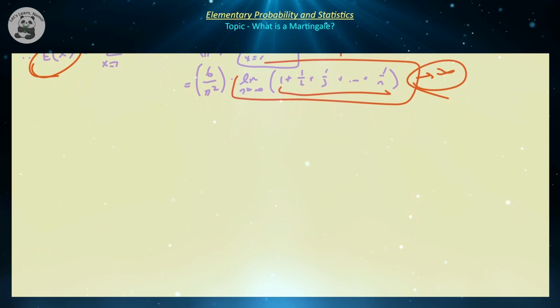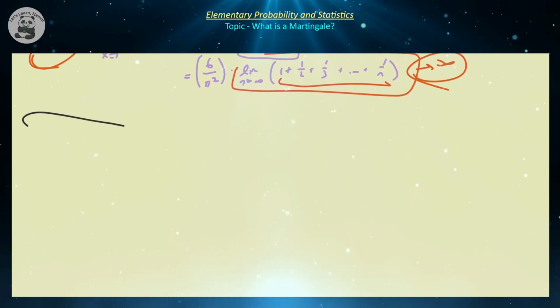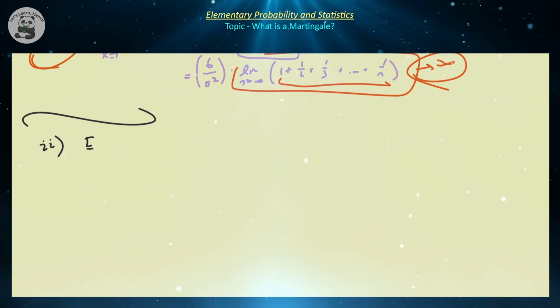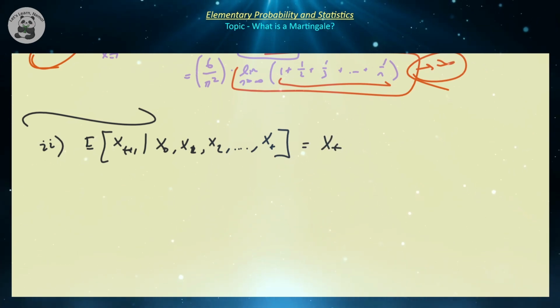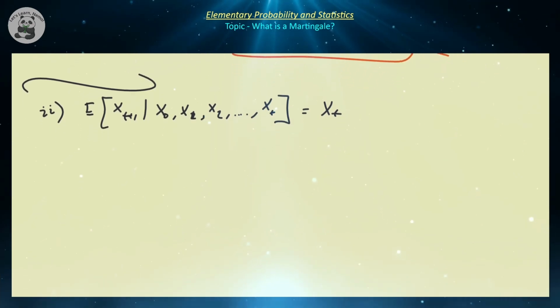Now let's take a look at the second property for martingale stochastic processes, and that was that the expected value of X_{t+1} given information about everything, X_0, X_1, X_2, all the way up to today, is equal to the value of today. So if we apply the expectation to both sides, what exactly are we going to get?